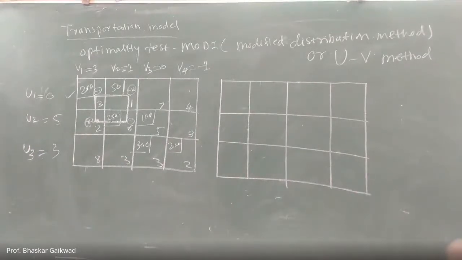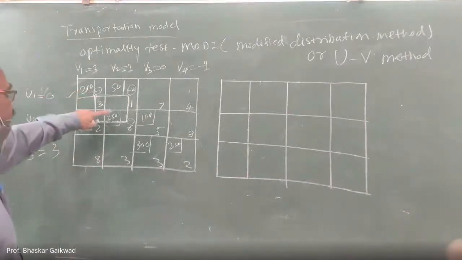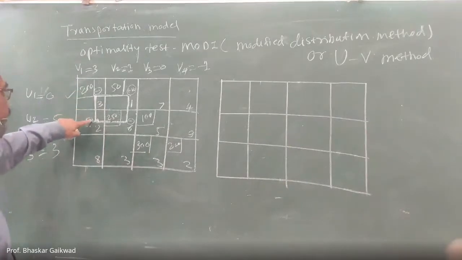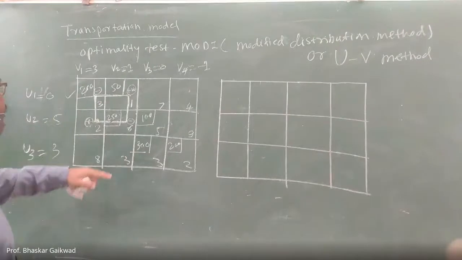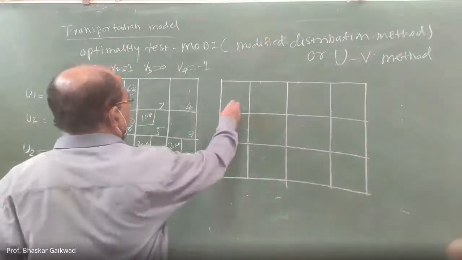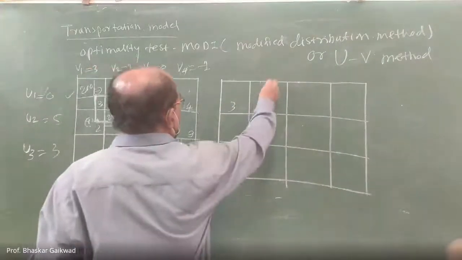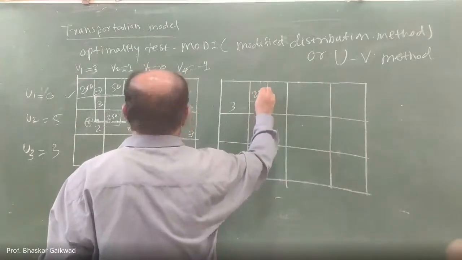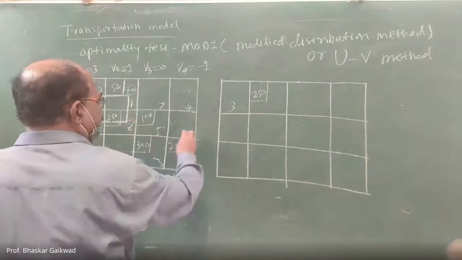In this corner point, plus plus you have to do. Now this is the minimum value out of this. This 200 you have to add here and here and deduct from here. So here it is 3 as it is. Here it is 250. Here it is 50.